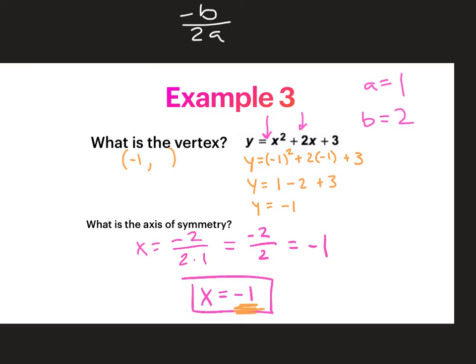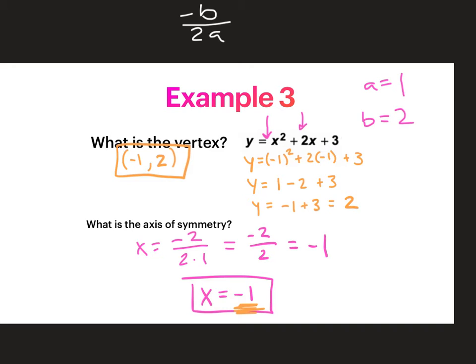Negative 1. I'm sorry, this is a positive 1. So 1 minus 2 is negative 1 plus 3. Negative 1 plus 3 is 2. So when we plug in negative 1 for x, we get 2 for y. So this is our vertex.